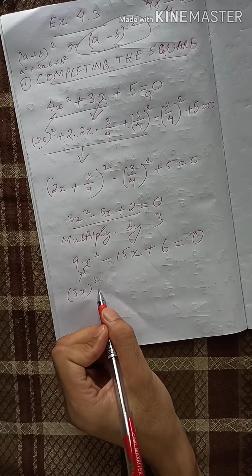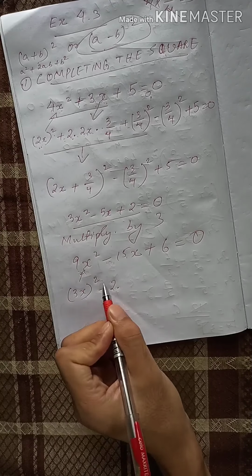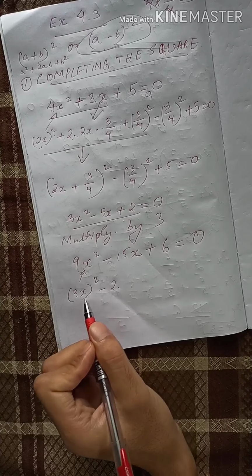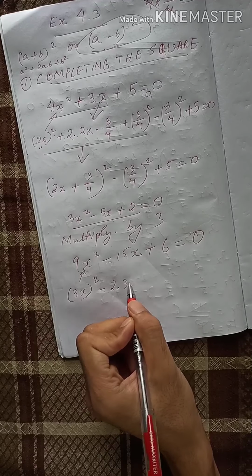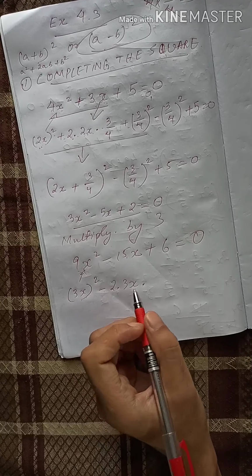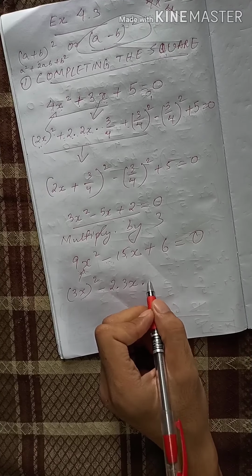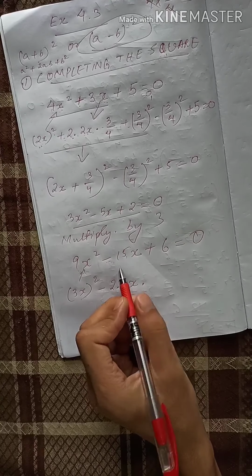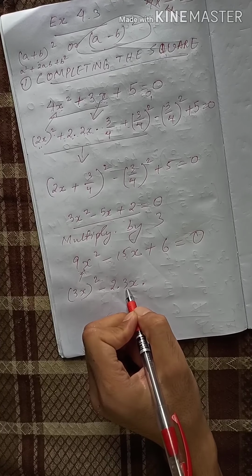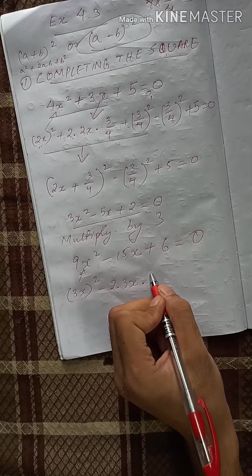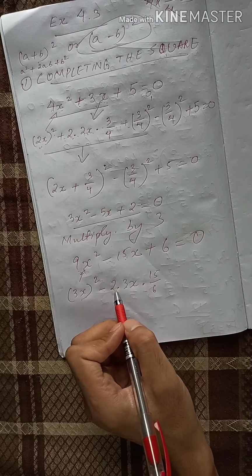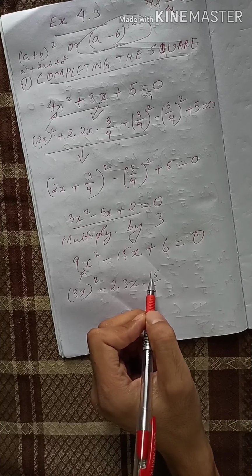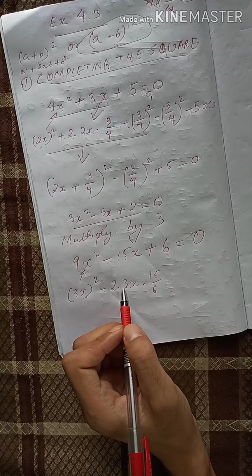So a squared minus twice a b, where a is 3x. You have to write a value of b so that all this will give us 15x. 3 into 2 is 6, so I can write 15 by 6. Then 3 into 2 is 6, 6 will get cancelled and we have 15 here.